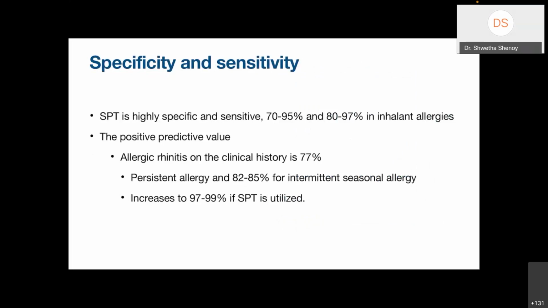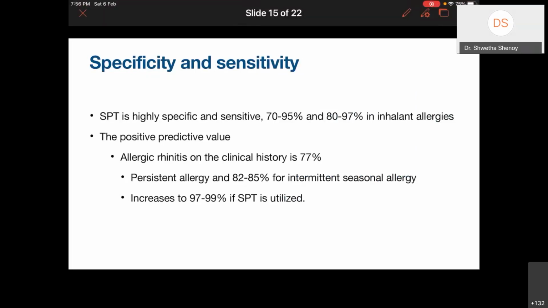So you can tell your patient who has a lot of nasal discharge, and you want to do something for him, but it is so nebulous. This is the best way to tell them and give them exact avoidance measures for what they're allergic to.